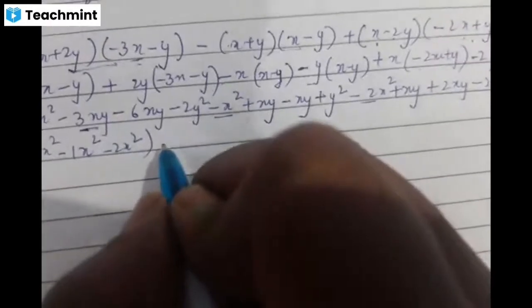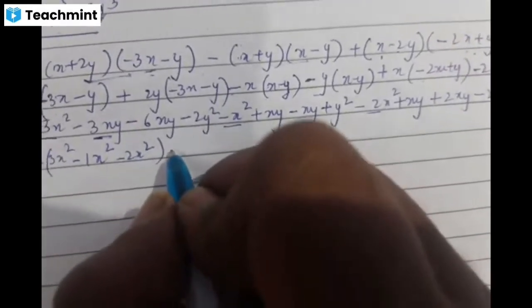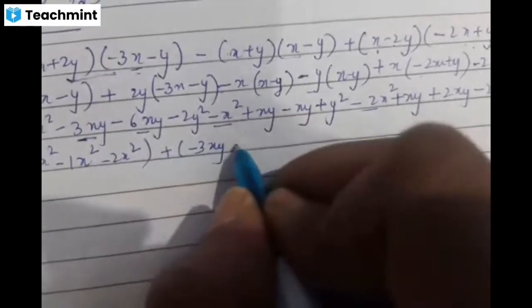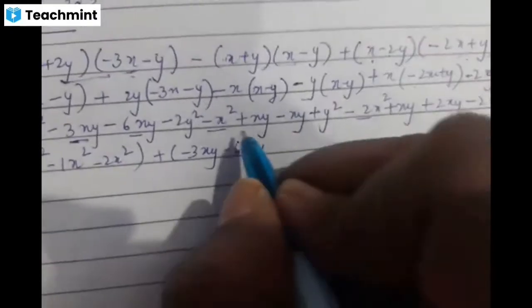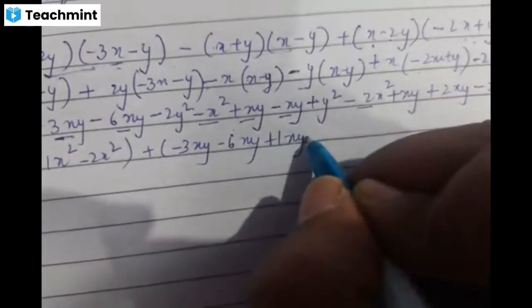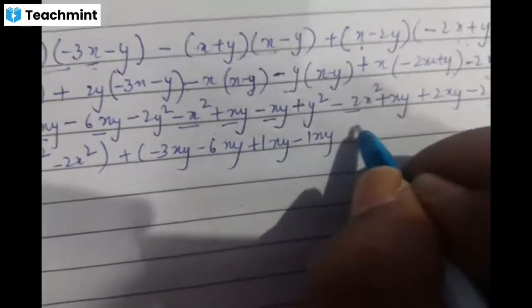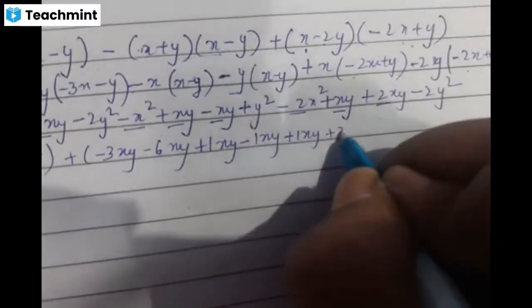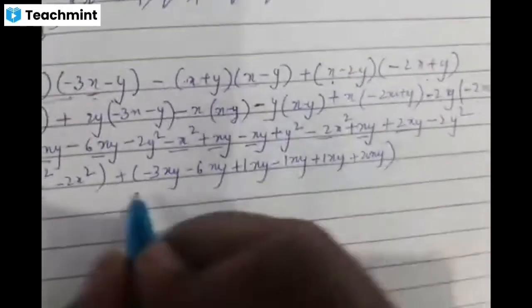Next is minus 3xy. Do you have any minus 3xy? You should find out. Minus 3xy, then minus 6xy, and then you have plus 1xy, here minus 1xy, again plus 1xy, then plus 2xy. So many xy's are there.